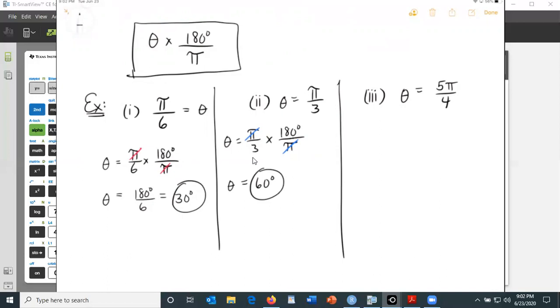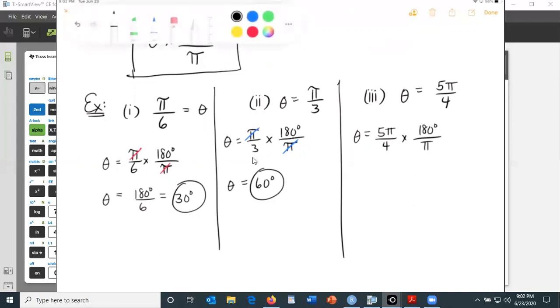All right, and number 3, if the theta is 5 pi over 4, what angle is that in degrees? So 5 pi over 4 is radians. So we first just bring down the angle, times 180 degrees over pi. Pi's cancel.